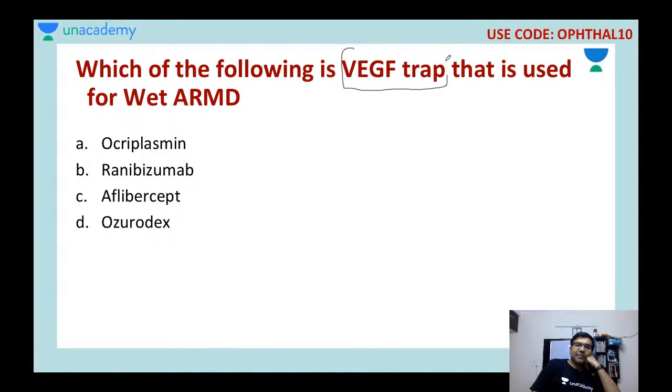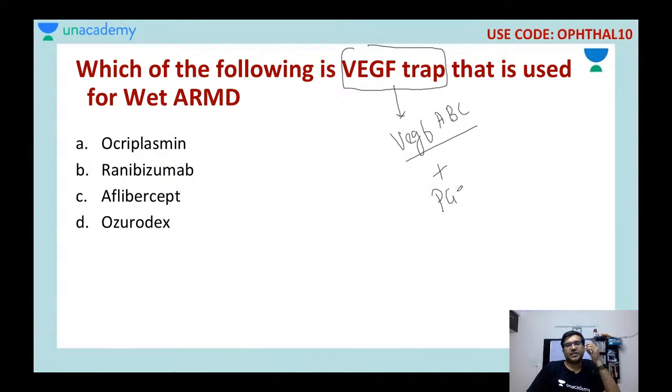So the VEGF trap basically inhibits all the types of VEGF. Okay, VEGF A, VEGF B, VEGF C, and it also inhibits the placental growth factor. This is seen to be more effective as compared to a normal ranibizumab or bevacizumab.